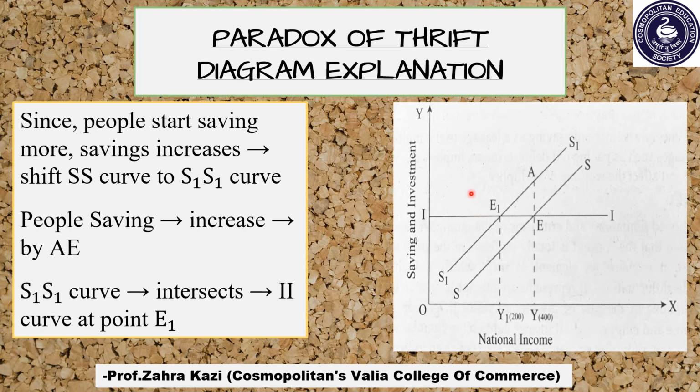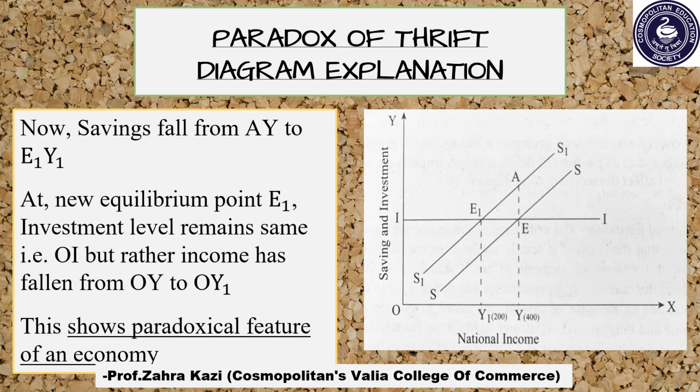So point E1 is the new point of equilibrium. Because people have started saving more, the saving curve has shifted upwards to the left from SS to S1S1.